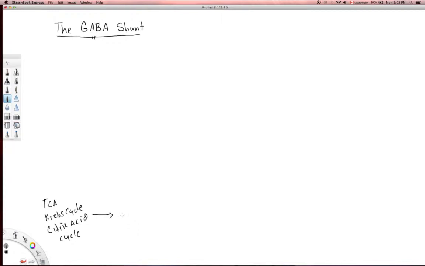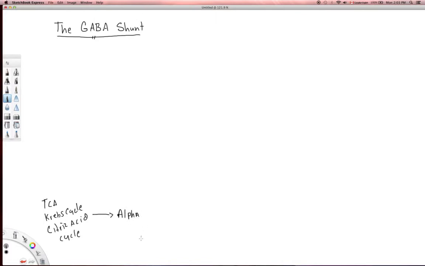This is actually something that, if you've taken undergraduate anatomy and physiology or cell or organismal biology courses, you've probably heard of before, because this is a substance that we find very common to the Krebs cycle, and that's alpha ketoglutarate. So I'll just go ahead and write that here.